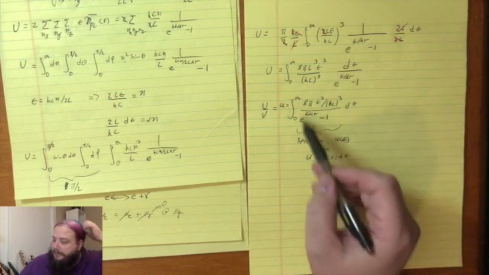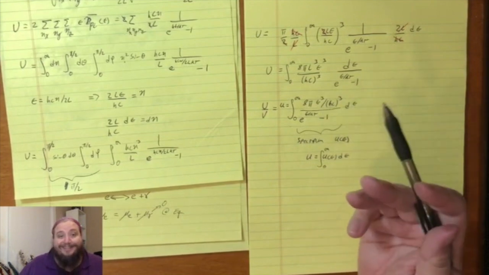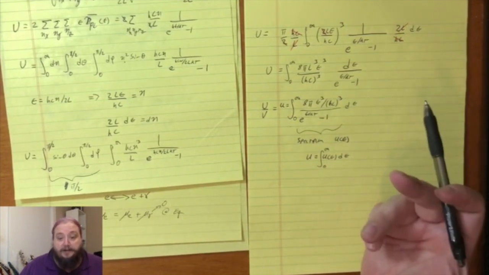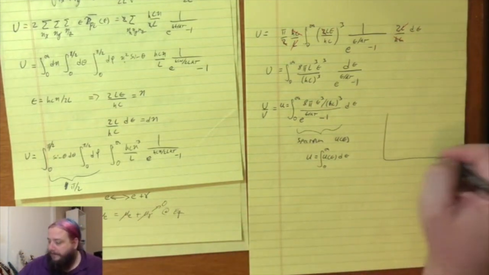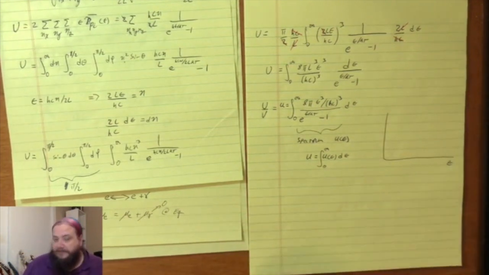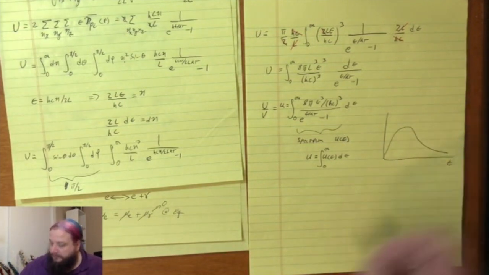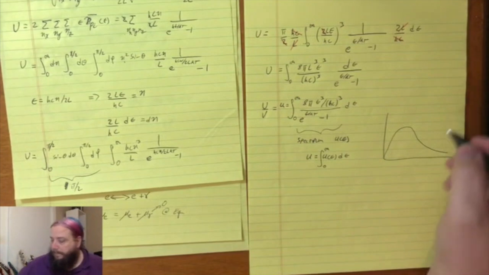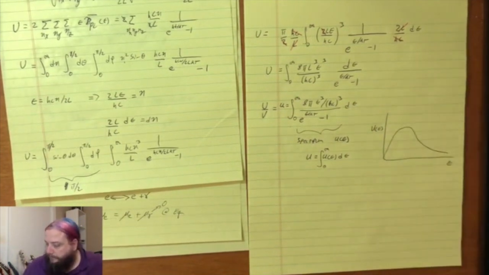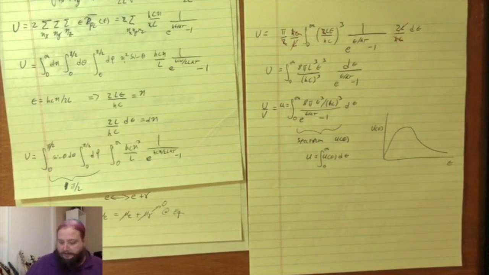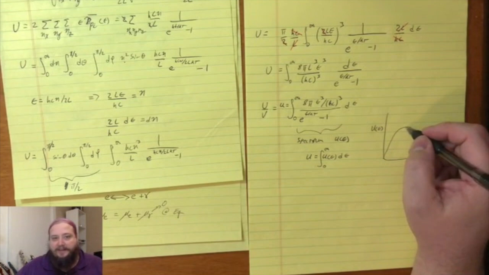All right, so this is the relative amount of energy stuffed into each energy bin if you wanted to plot versus energy, the amount of energy coming out at any particular energy, hf essentially.